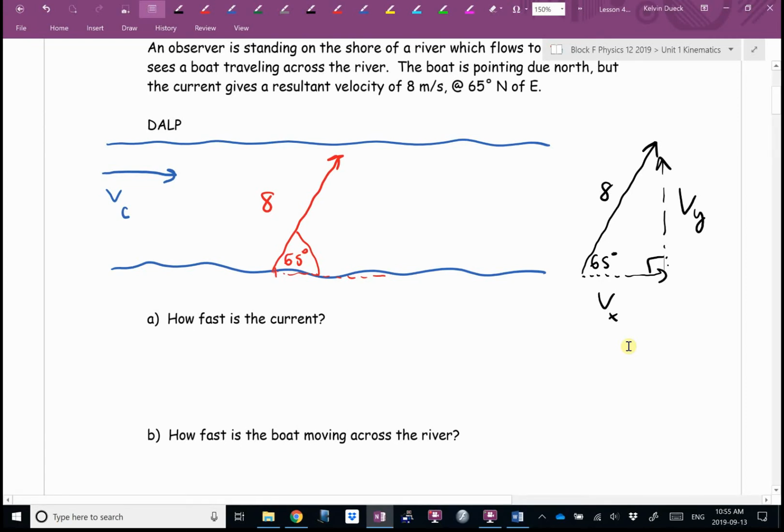Ah, in this case, now if the river was flowing north-south, it would be the vertical one, but that's why I kind of drew that in. You know what? This is that. So I'm going to label my triangle that 8, opposite, adjacent, or hypotenuse, Chelsea. What about the Vx? Which trig function?